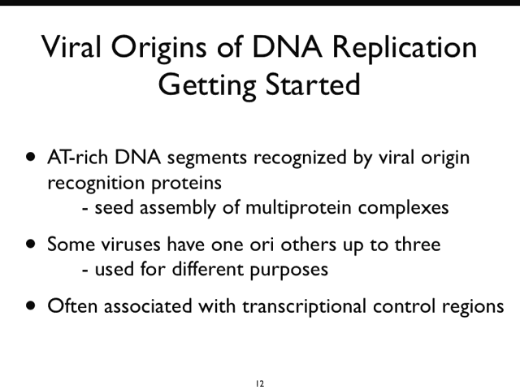Some viruses have one origin, others have up to 3. And as I said before, they're used for different purposes. One thing that has become very clear is that these origins of replication are often associated with highly transcribed control regions. That feature is important because it tells you that these are very active areas, so they're naked areas.